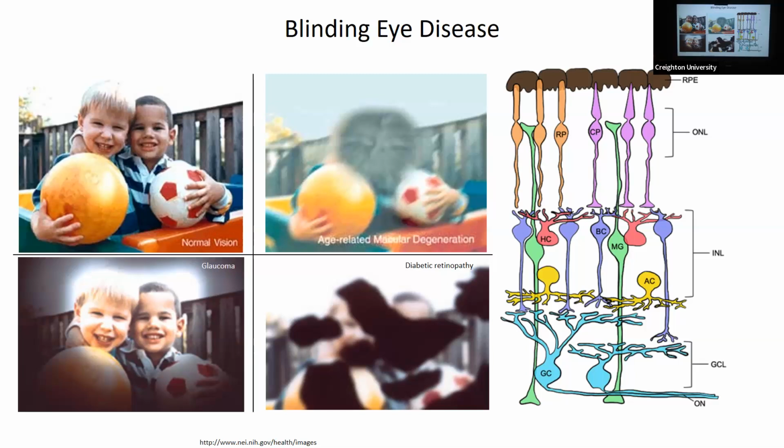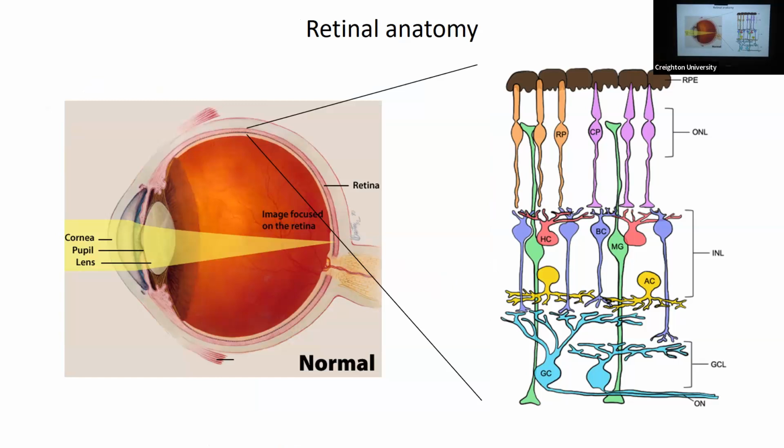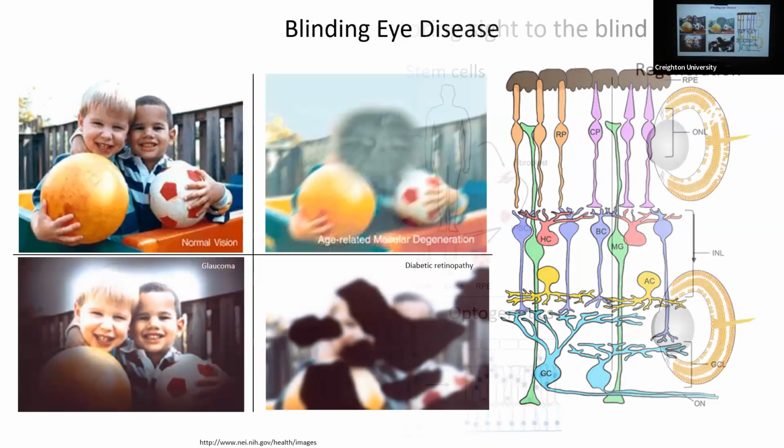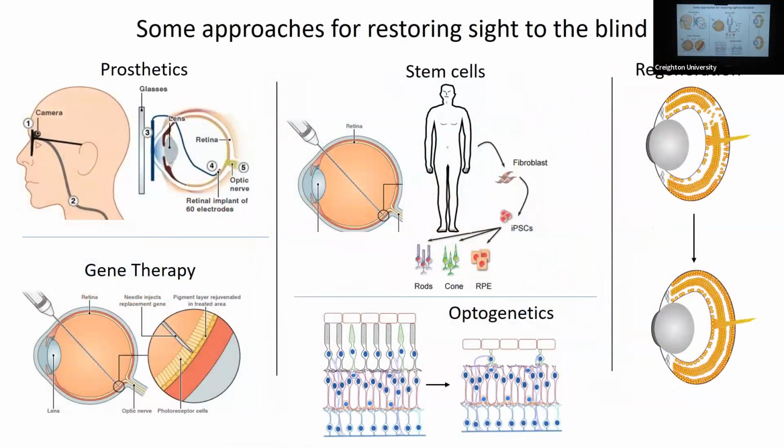There's lots of approaches to treating blinding eye disease, and these include prosthetics. So you wear glasses that have a camera on it, and the light is transferred to an electrical signal that's then transferred via a wire to electrodes that are planted behind the retina and stimulate remaining cells.